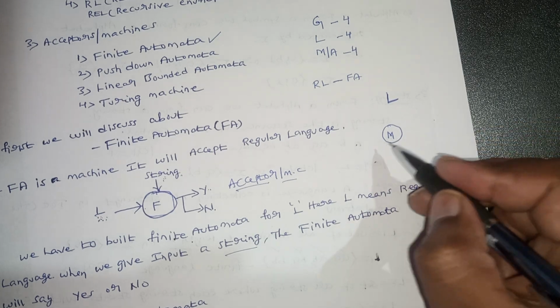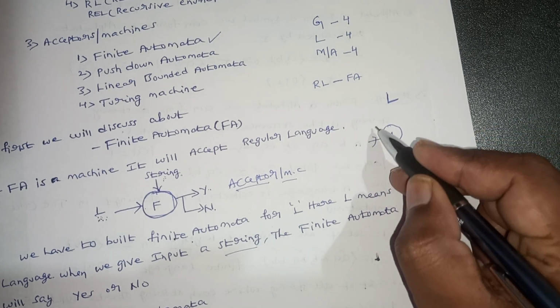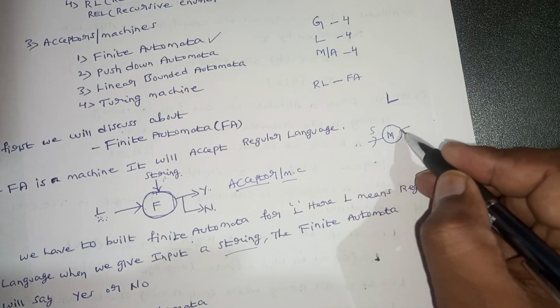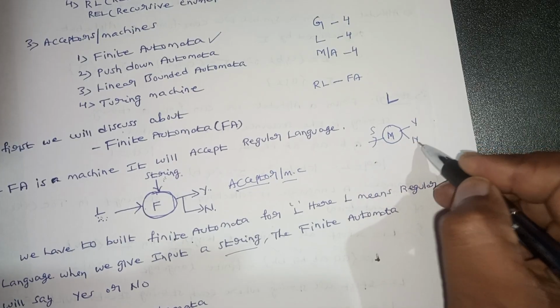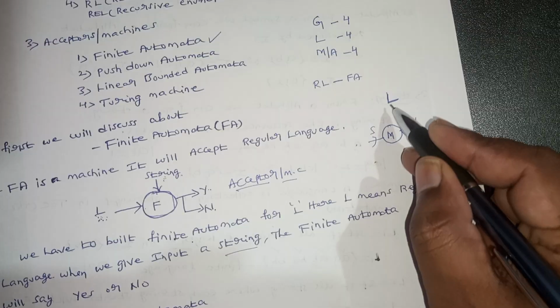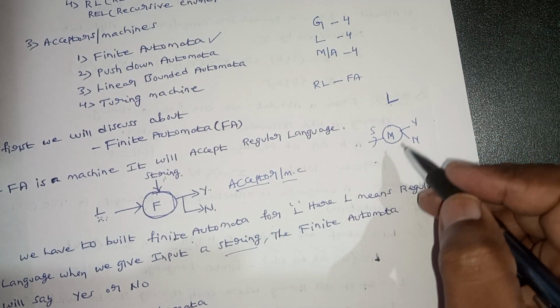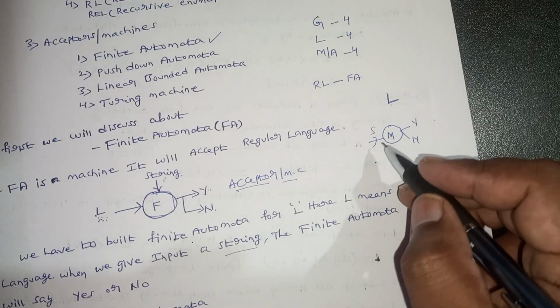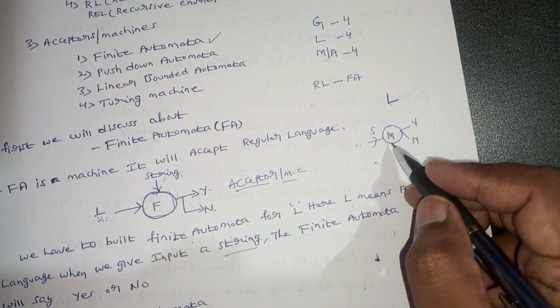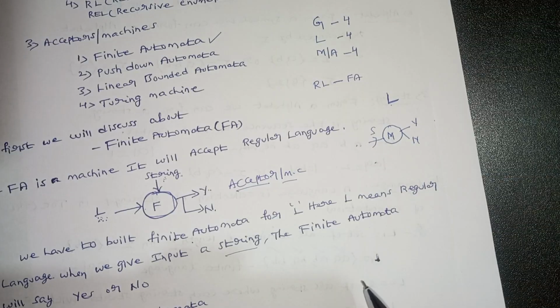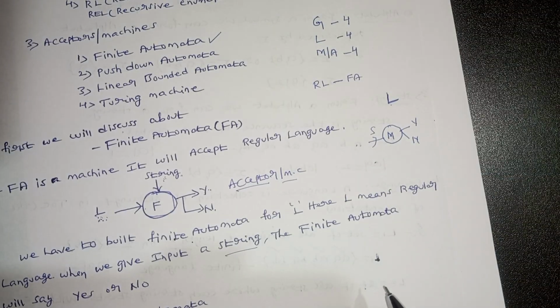Now I am giving a string for this. It says yes or no, whether the string is present in the language or not. That is called an acceptor, an automata machine. It automatically checks and says yes or no.